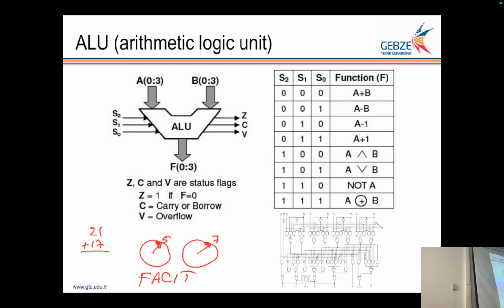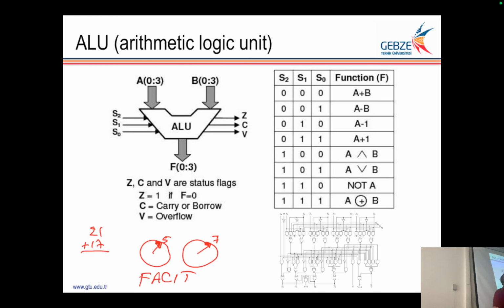So by rotating and moving around the digits in decimal, they were able to add. In order to subtract, you rotate backwards. Okay, so addition and subtraction were possible. Also, there was a way of multiplication.